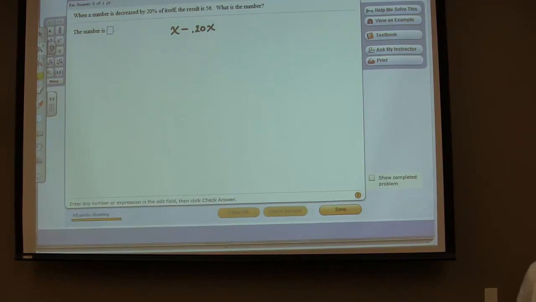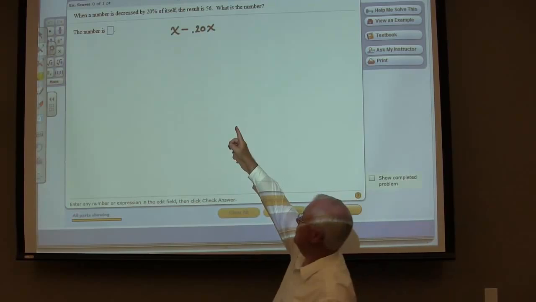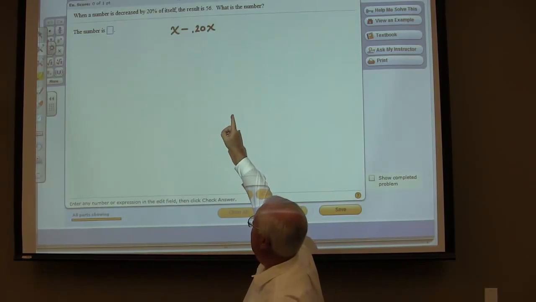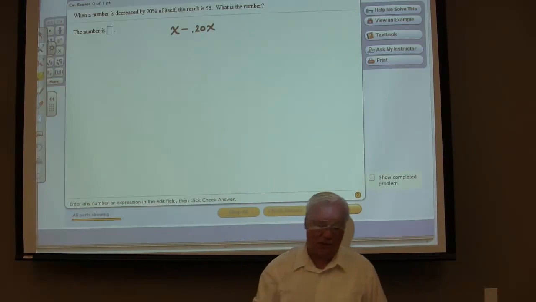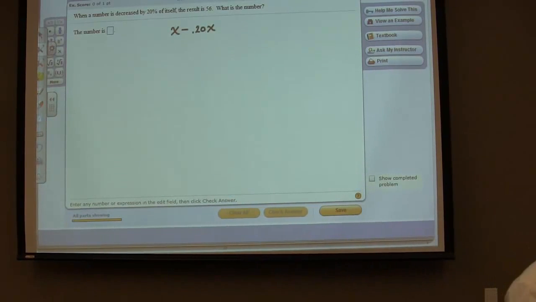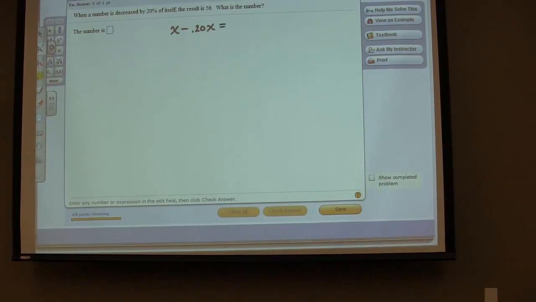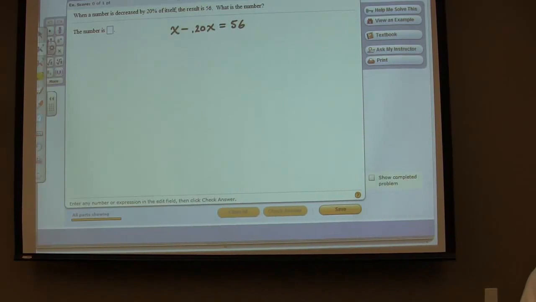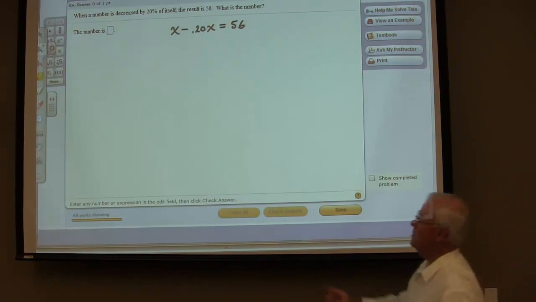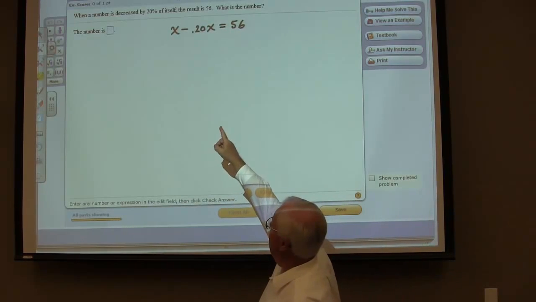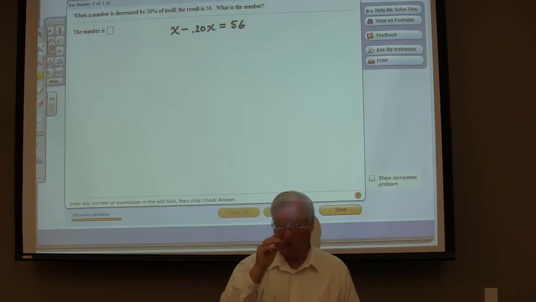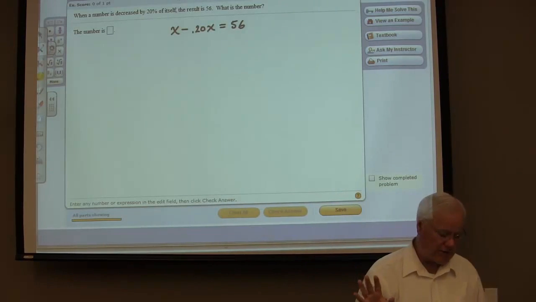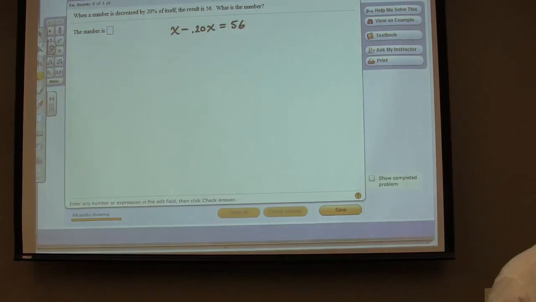In other words, when a number is decreased by 20% of itself, of means times, of itself, the result is 56. Well, that x is 1x. So 1 minus 0.20. Well, if you take 20% of something away, what do you have left? You have 80%. So it's 0.80.